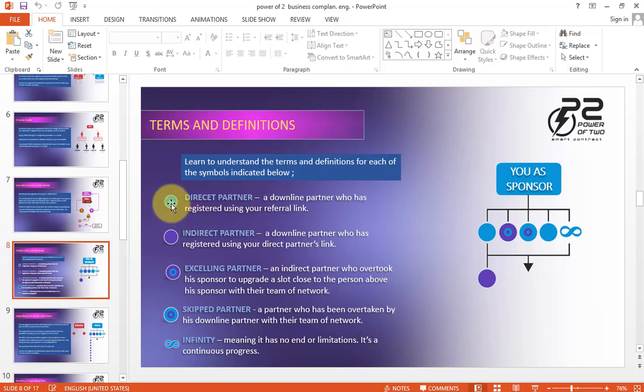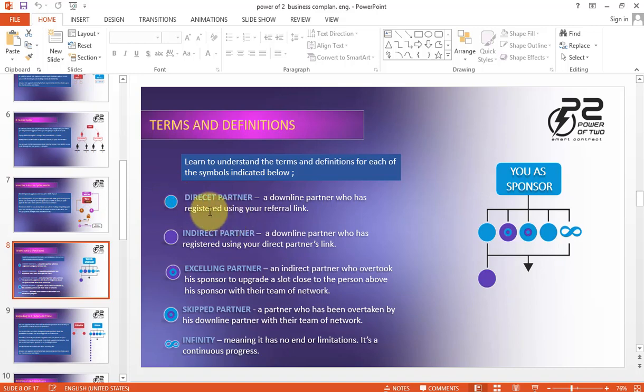So whenever you see a color or a symbol like this, know that these are your partners, people who registered using your referral link. Now the second symbol shows us an indirect partner. That is a downline partner who has registered using your direct partner's link. Your direct partner's link, that is the person over here.